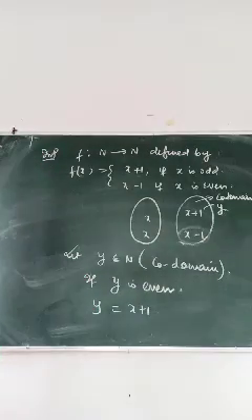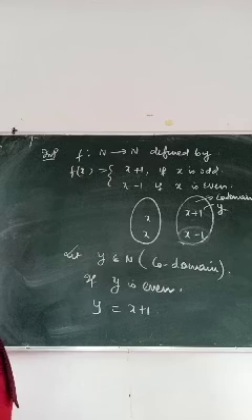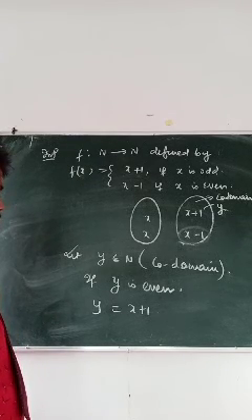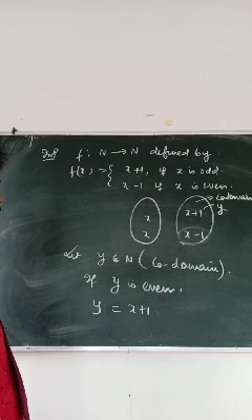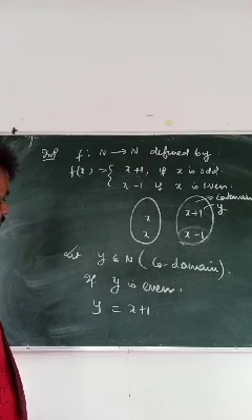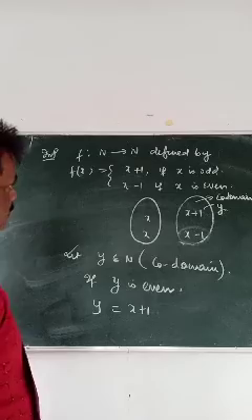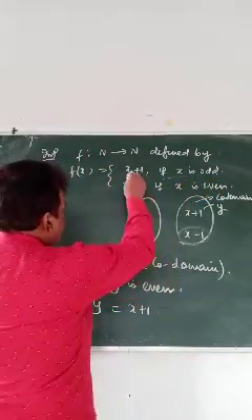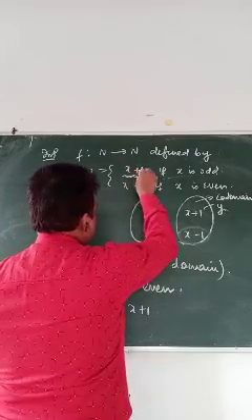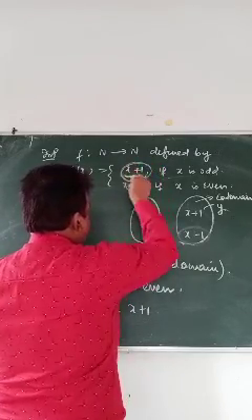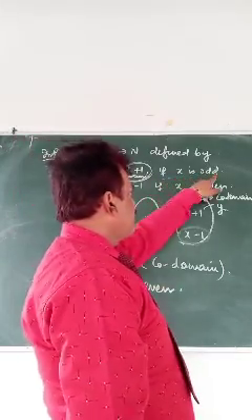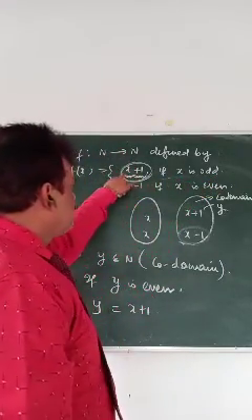Check it, why. So if y is an even number, this result will be an even number when it is in the form of x plus 1, because odd plus 1 will be even.